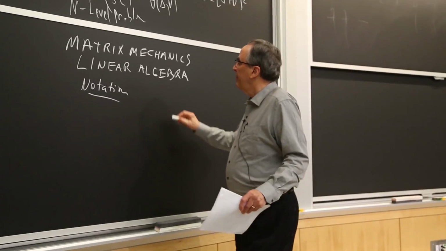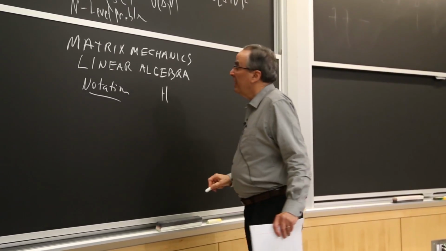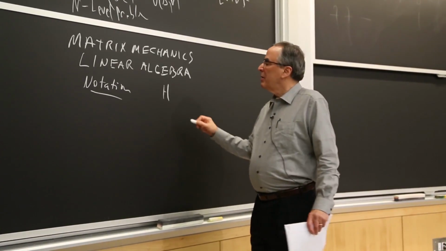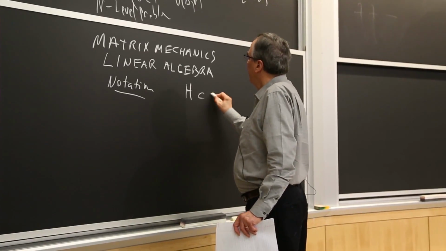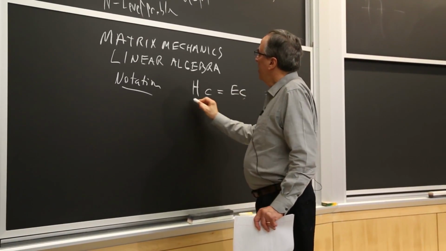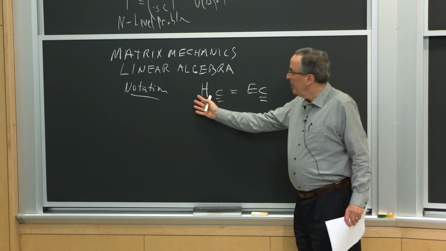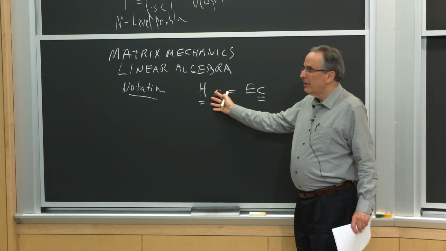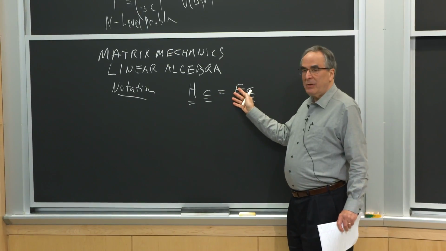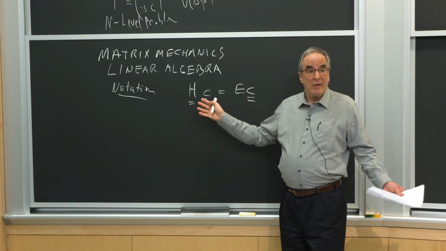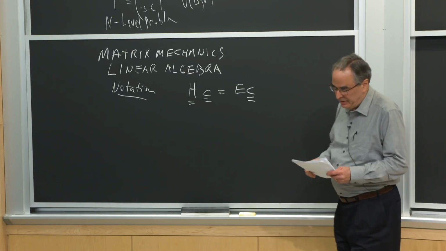And so we have, for example, the analogy to the Schrodinger equation in matrix language. Where we have the Hamiltonian, an eigenvector, an eigenvalue, and this eigenvector. So it's an eigenvalue or eigenvector equation.